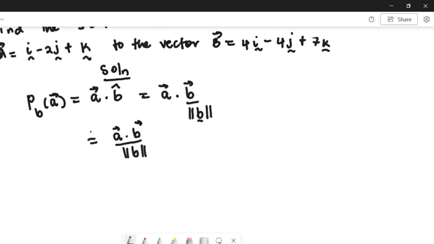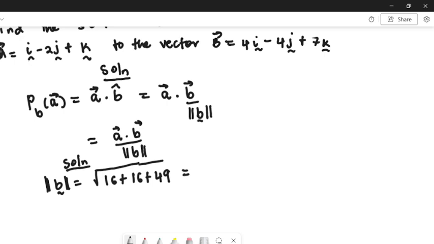So here let's use our B. We're going to find the distance, and we're going to solve using both methods and see. The magnitude of B is the square root of 4 squared, which is 16, plus negative 4 squared, which is 16, plus 7 squared, which is 49. 16 plus 16 is 32, plus 49 gives us 81, and the square root is 9.